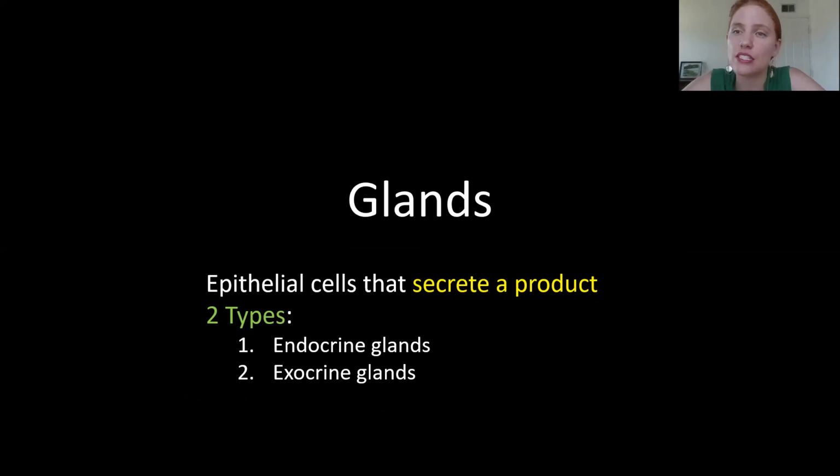And the good news is if you know what endo means and exo means, it's pretty easy to figure out which is which. So endo means inside, and exo means outside. So they have to do with where they secrete their product. Is it into the body, into the bloodstream, or is it onto the body surface?